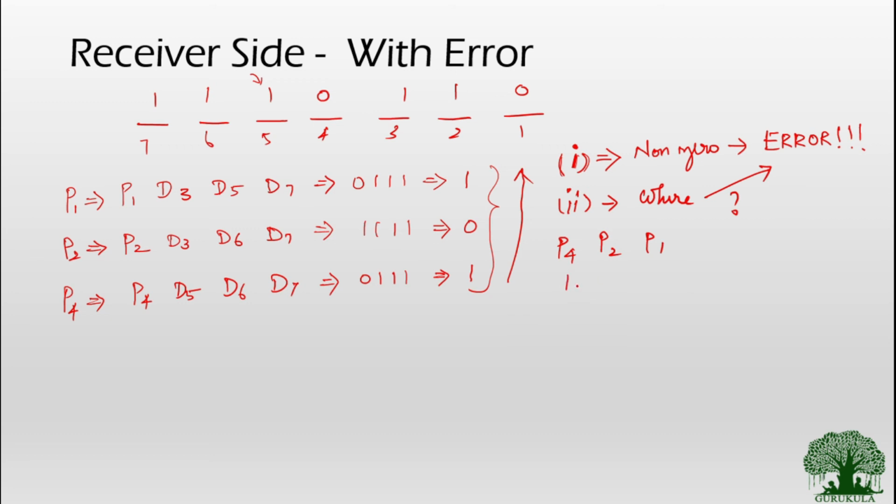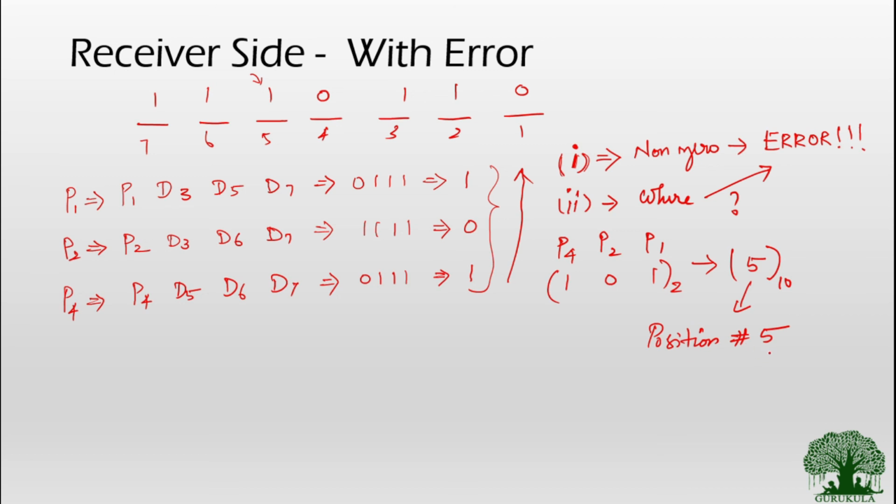So this is the binary value. Converting this to decimal value, you will get 5. That represents the position. So position number 5 is in error.